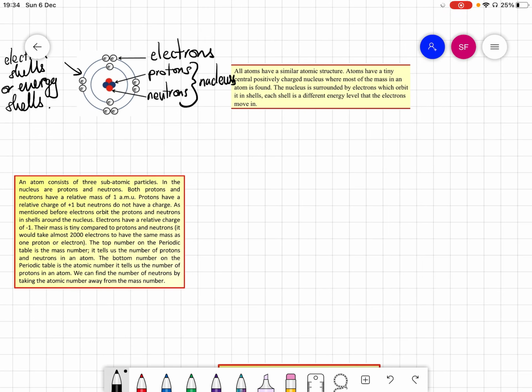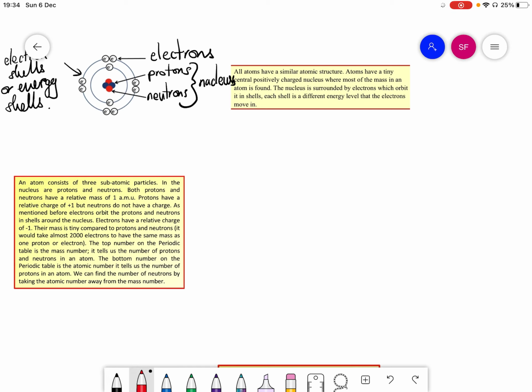So if we look at what properties our subatomic particles have, we'll start with our protons. So protons have a positive charge. If we were to write that charge as a number, we would write it as a +1. They also have a mass of 1 AMU, which stands for atomic mass unit.